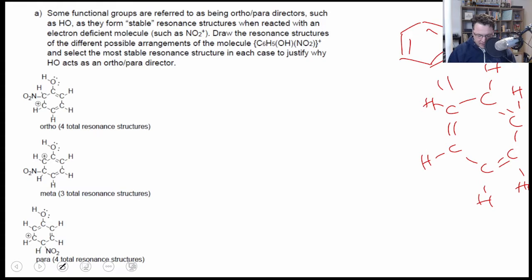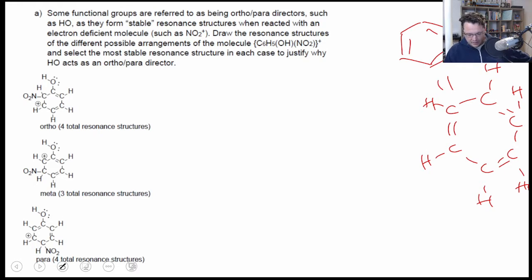But if we're looking at this right here, right, in terms of figuring out what's going on, when you're drawing the resonance structures of anything, the first thing you always want to look at is, do you have any formal charges that are present? And do you have lone pairs that are present, right? Because both of those can always get moved around in those cases.